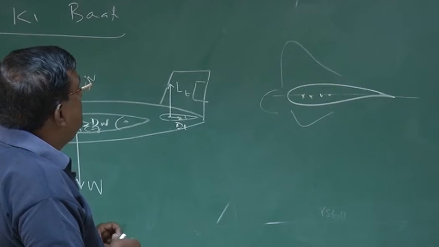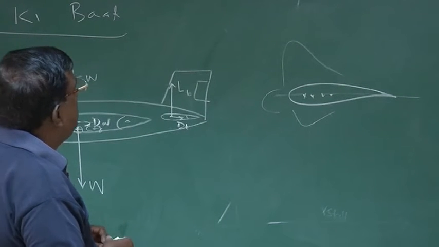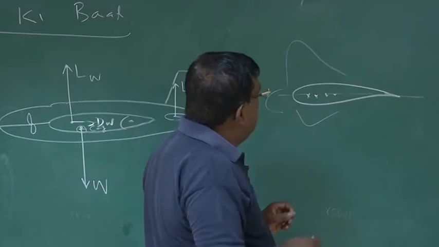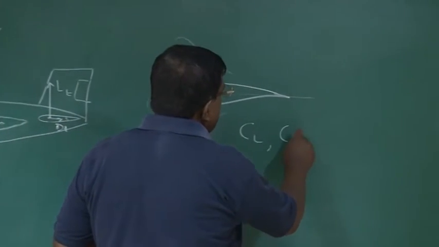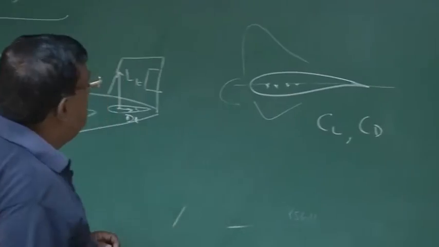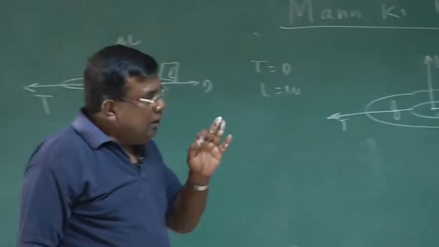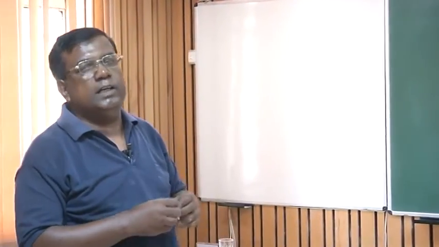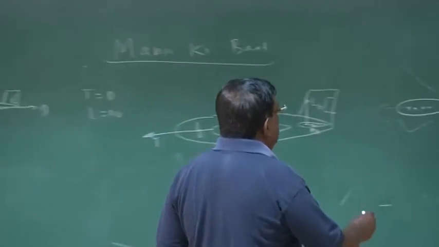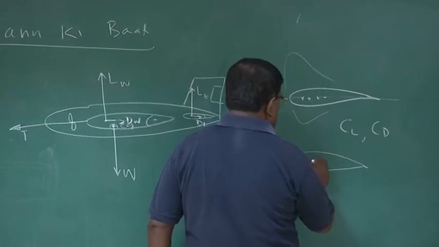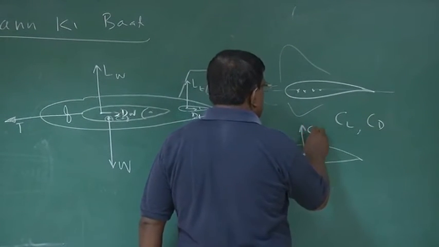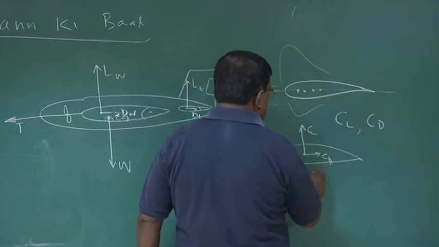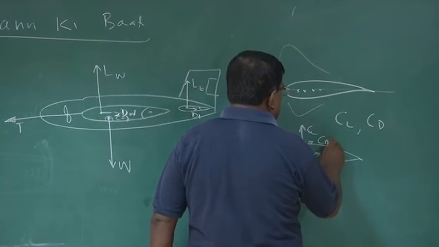Now what we do, we want to represent the CL and CD at a particular fixed point, and we ask a question, is there such a point which doesn't change with angle of attack? So that I can simply draw an aerofoil and write, okay, this is the point, this is CL, this is CD, and whatever moment is there, I write CM.